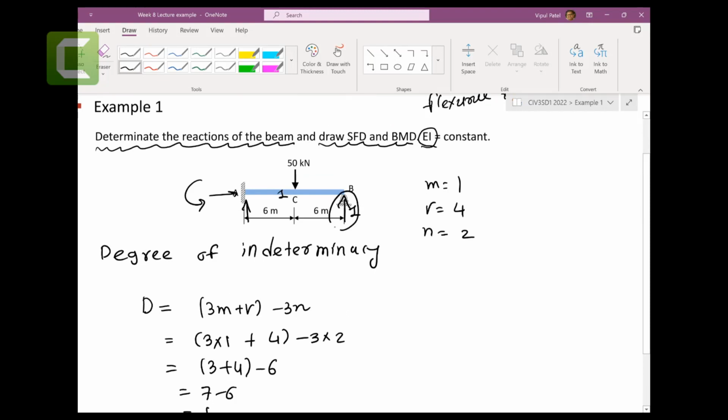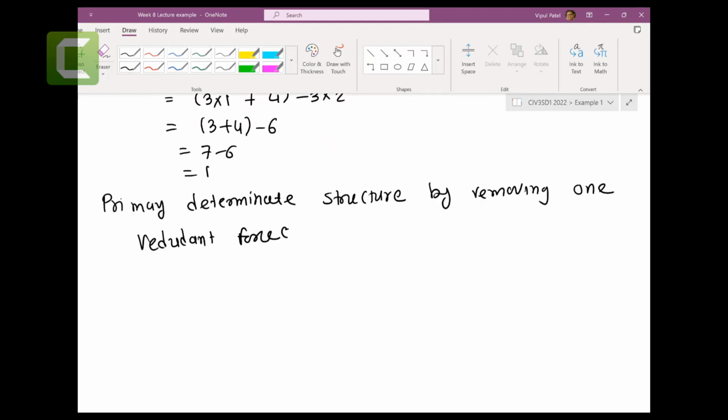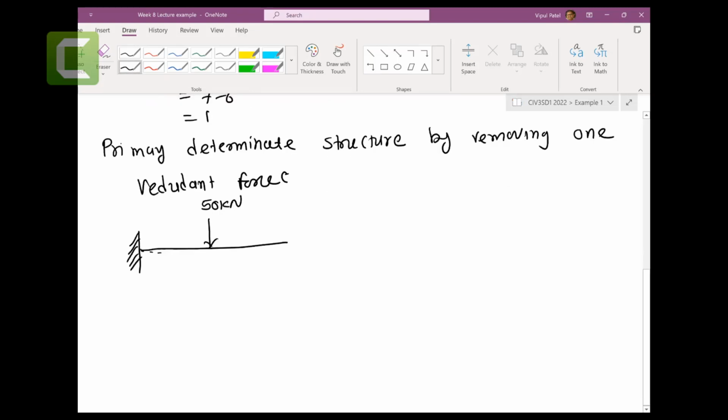So let's remove this redundant force. Then this is my structure, and your load is 50 kilonewtons here. When I remove this support, this becomes your point. Let's say this is point B, and this is point A. So let's find this delta B.